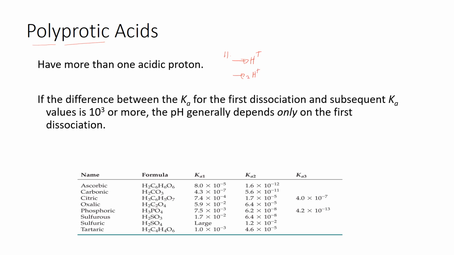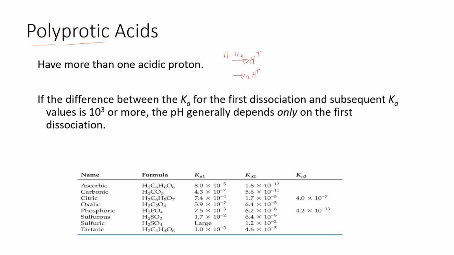So that is what we are talking about, the first dissociation, which will be Ka1. Because it has more than one proton, it will break down into more than one proton. So we have the first dissociation and then the subsequent Kas. If the subsequent Ka value is 10 to the power 3 or more, then the pH will depend on this first dissociation.